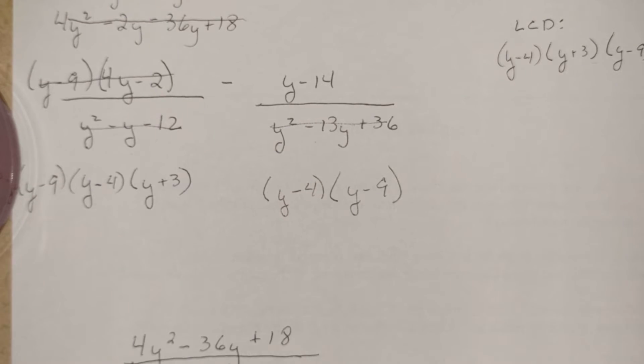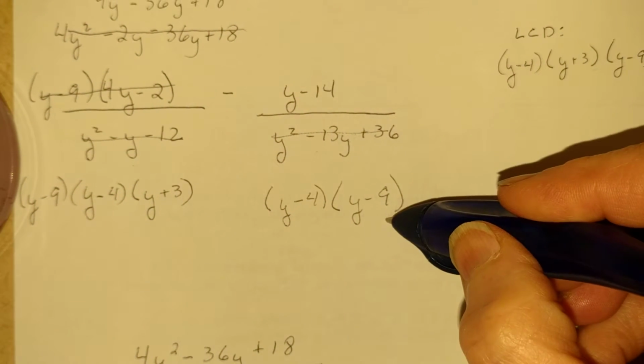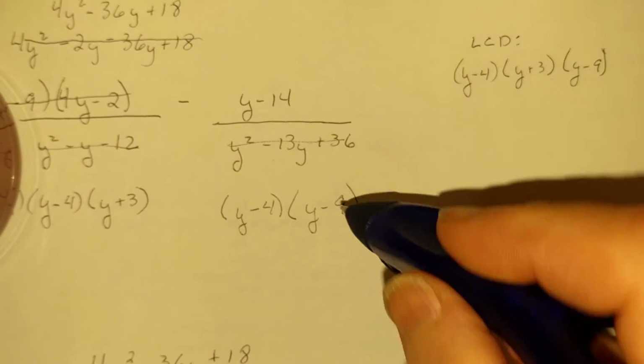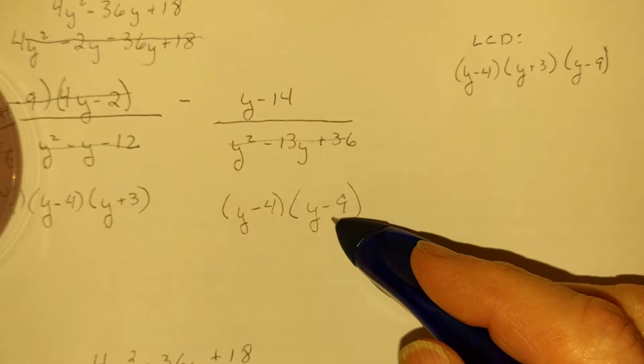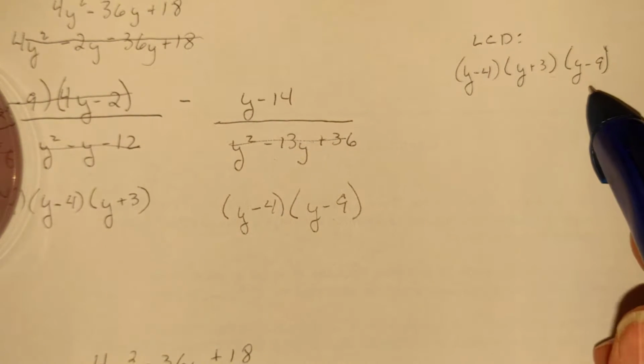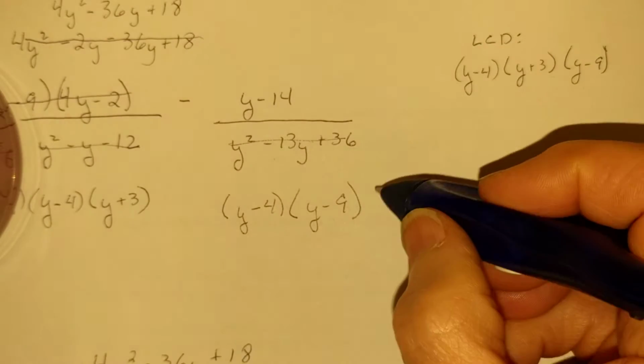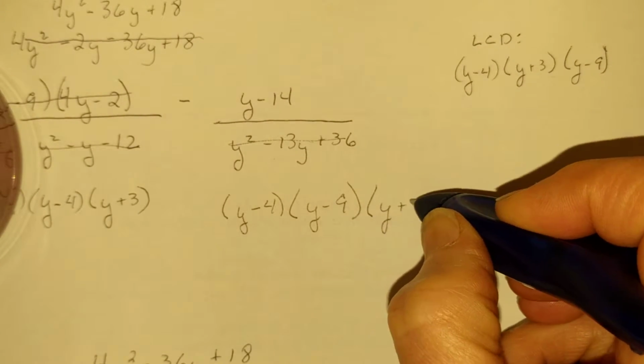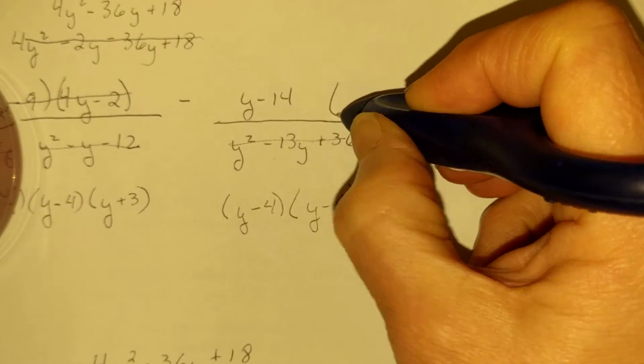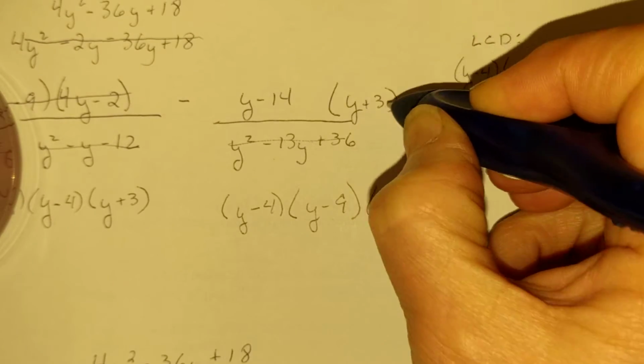Now I need to go back to the second term. Here my denominator has y minus 4 times y minus 9. And it needs a y plus 3. So I'm going to multiply numerator and denominator by y plus 3.